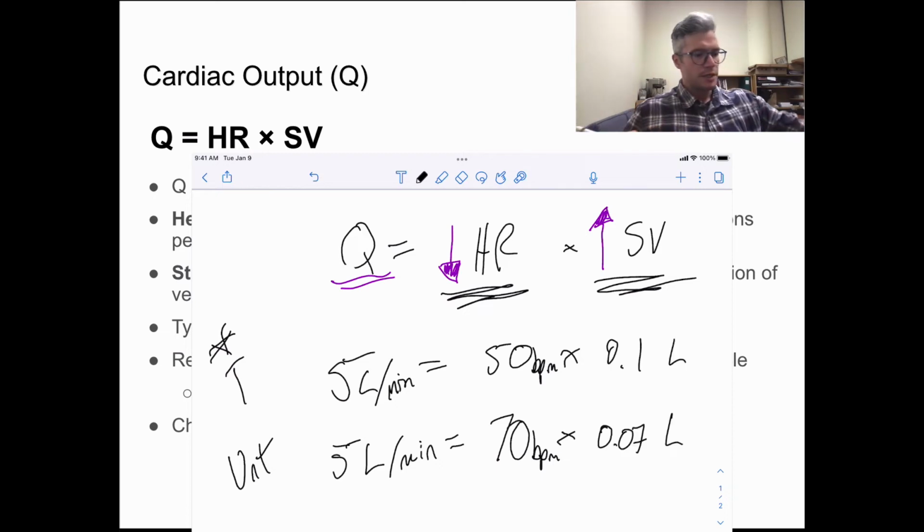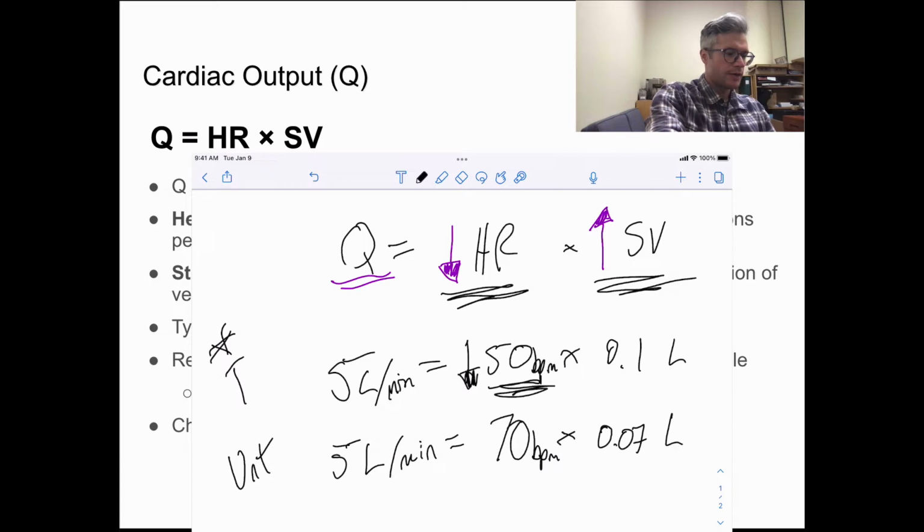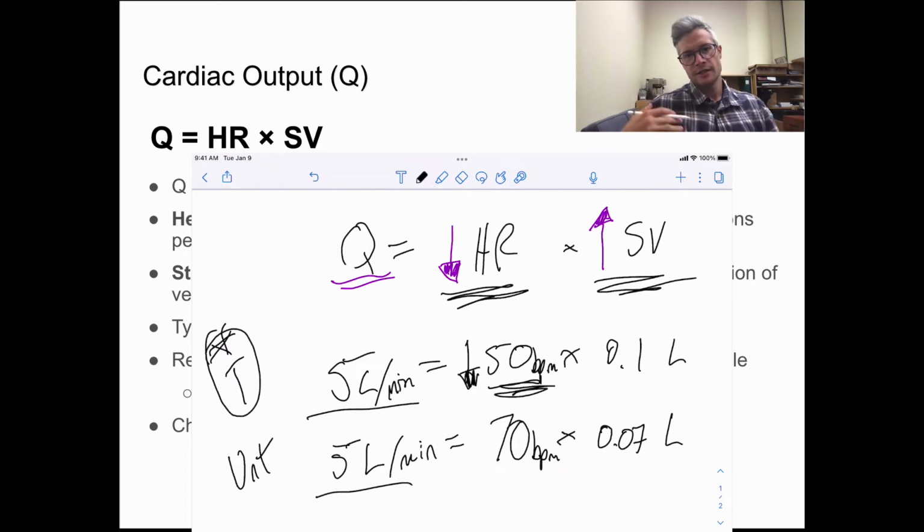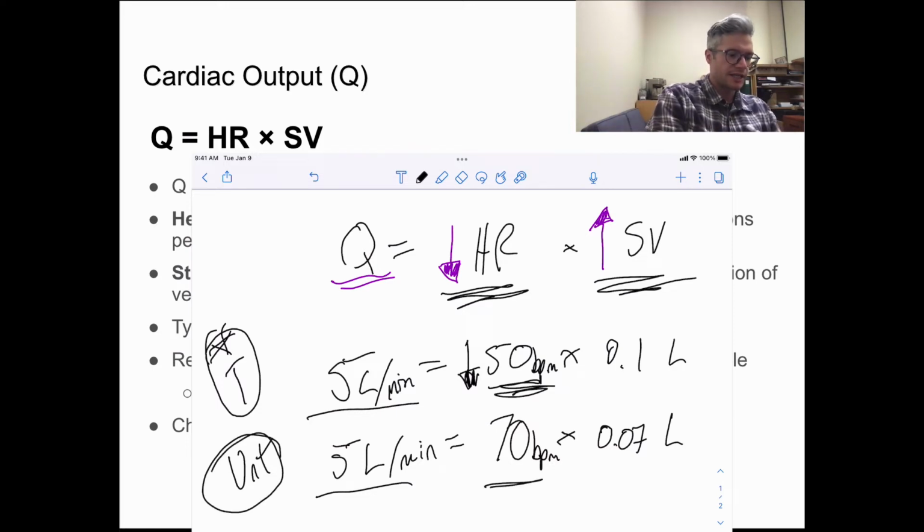And so why did I do this quick math exercise for you? Well, it's to show that heart rate can be lower in a trained individual and still have the exact same resting cardiac output as someone who's untrained and has a higher resting heart rate.